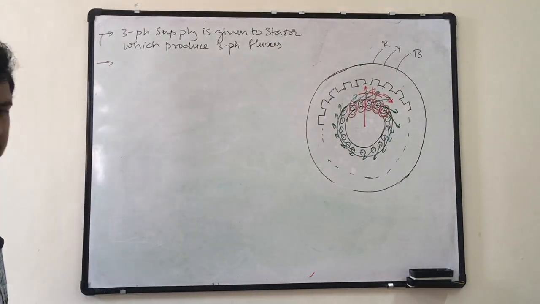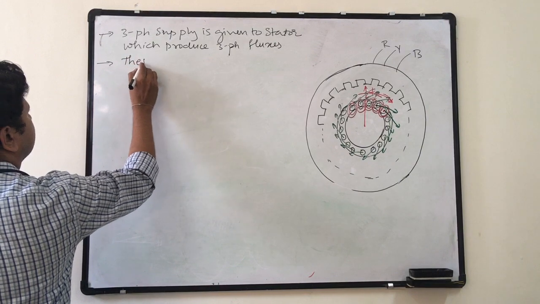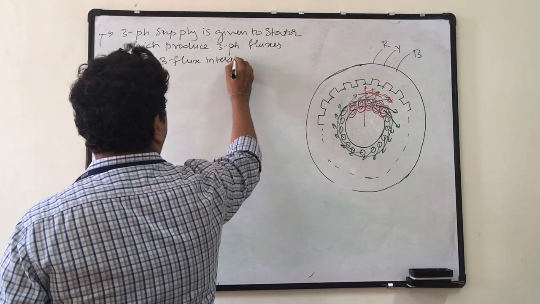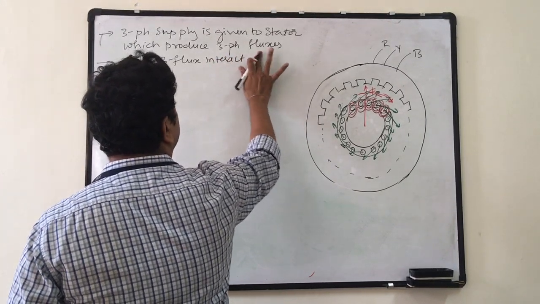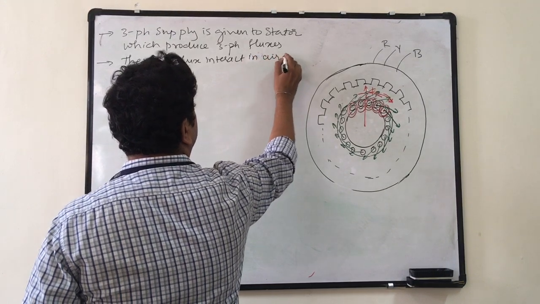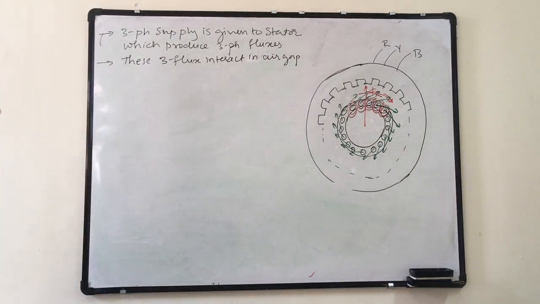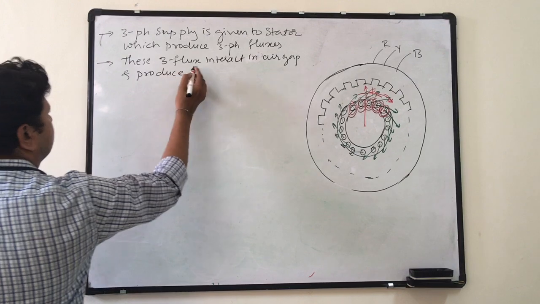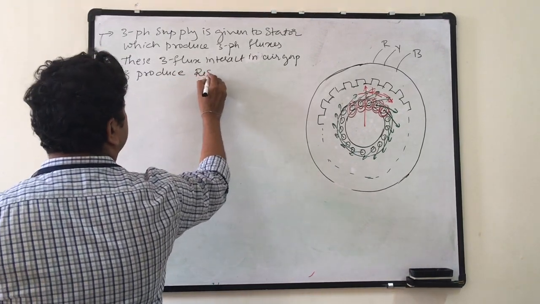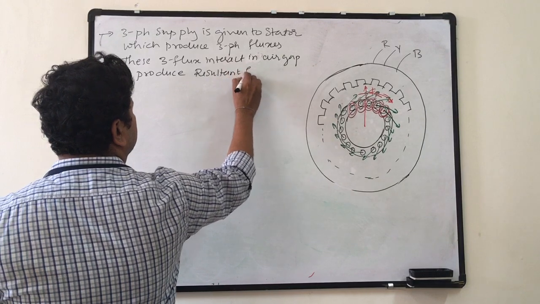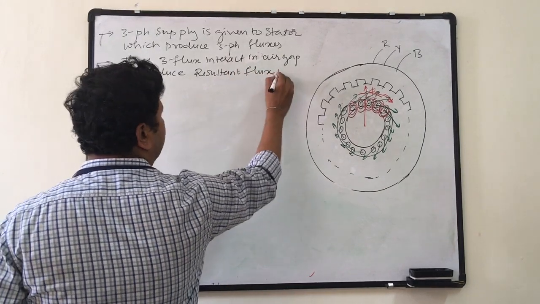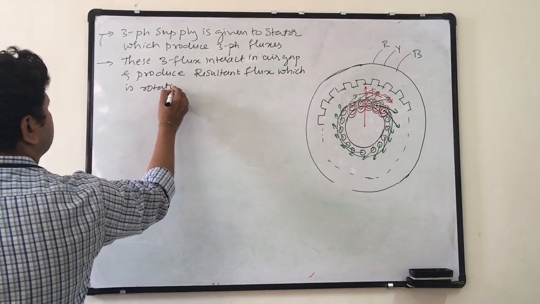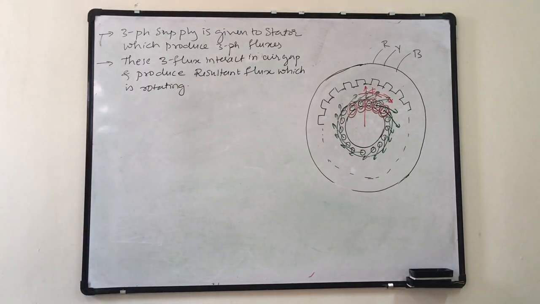Okay, these three fluxes interact in the air gap and produce a resultant flux which is rotating.